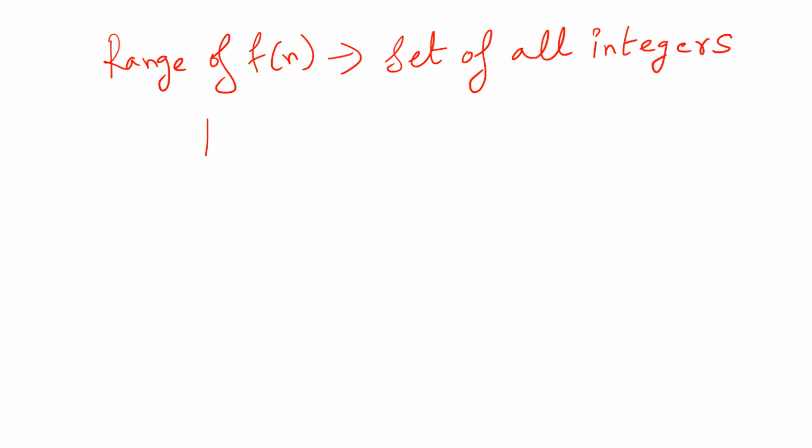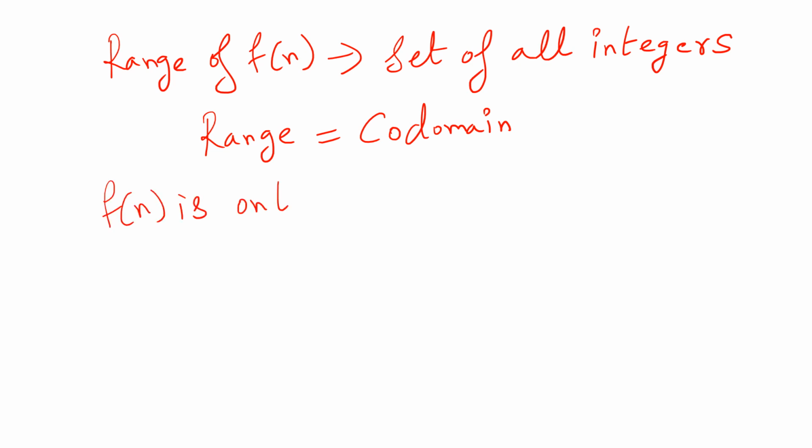So that means the range of this function is the same as its codomain. So clearly f of n is onto. And students, we have also noticed from the previous discussion that there are two different values of n for which f of n is equal to 1, and they are 1 and 2.